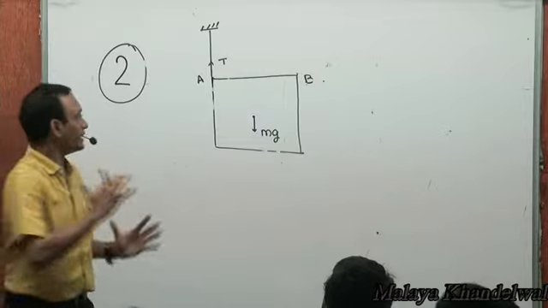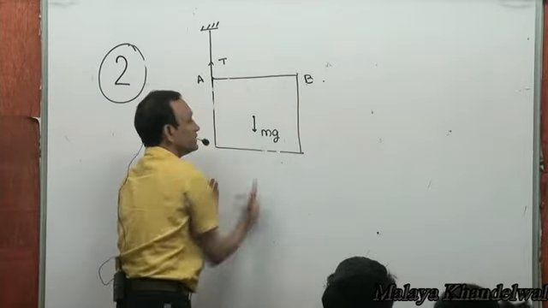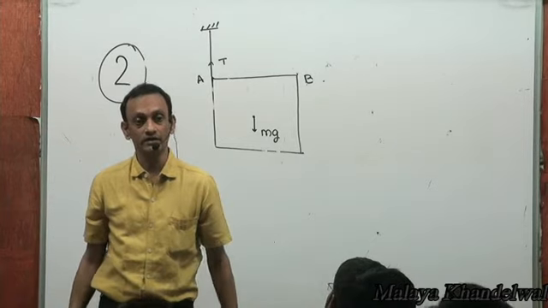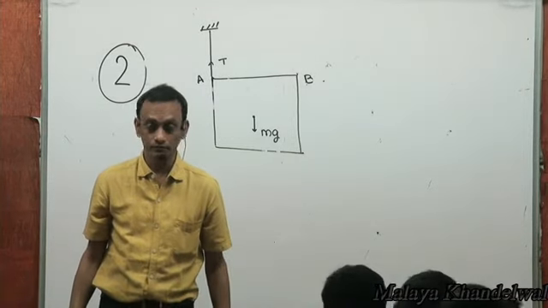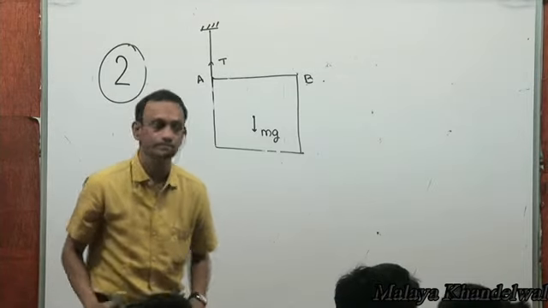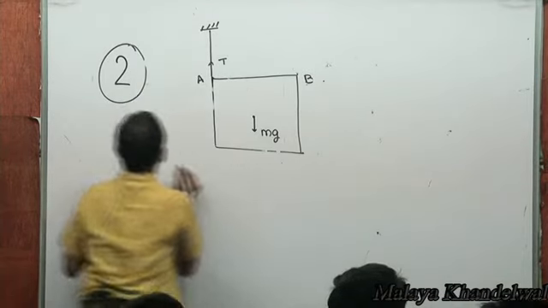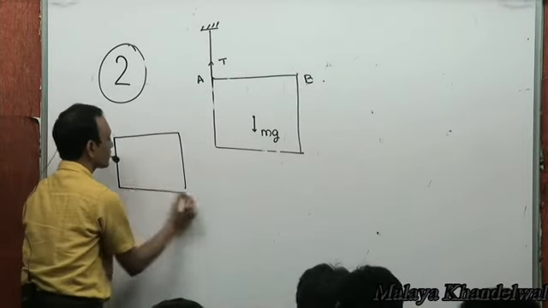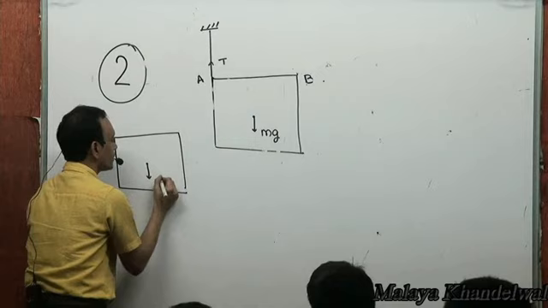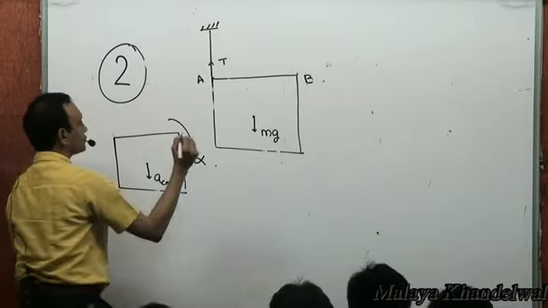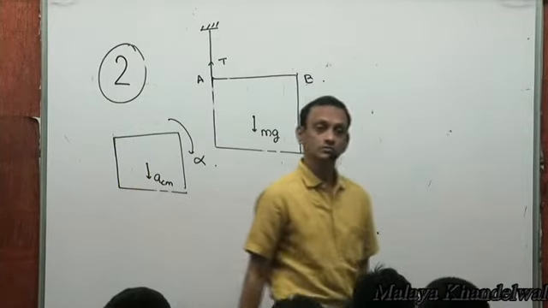Simultaneously, it will begin to swivel, and the center of mass will also begin to have a downward acceleration, right? General rigid body motion is what transpires here. The center of mass develops an acceleration ACM, and alpha is the angular acceleration developed by the rod.